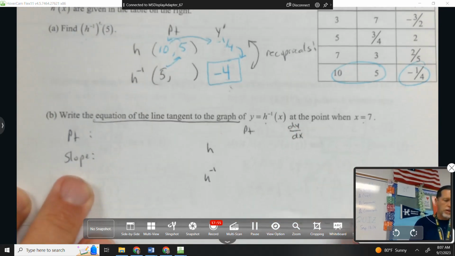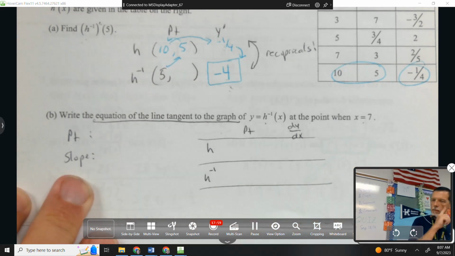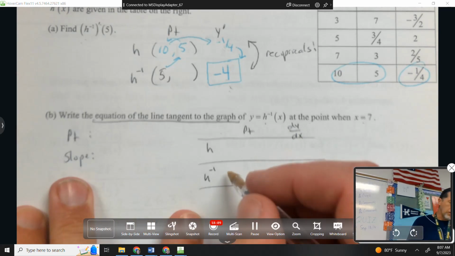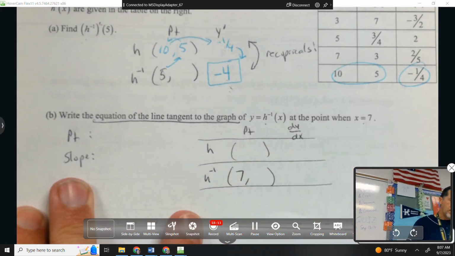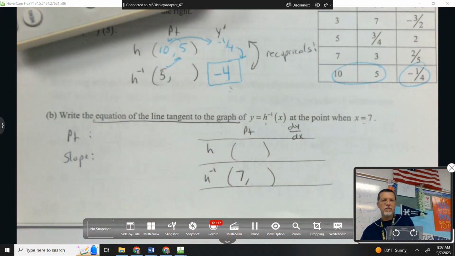So let's set up our table. Where's the 7 go? It's obviously x equals 7, but is it x equals 7 for the inverse or the original? For the inverse.